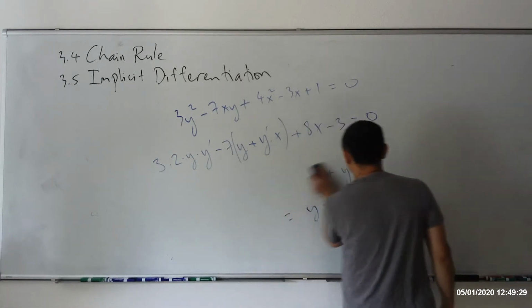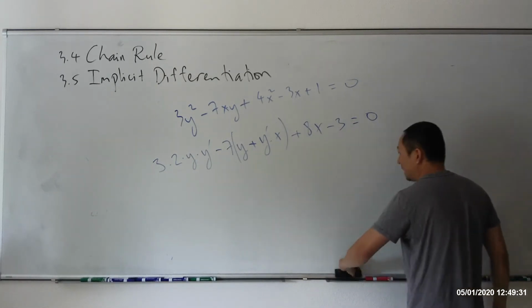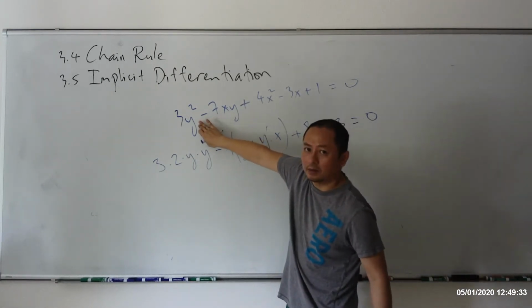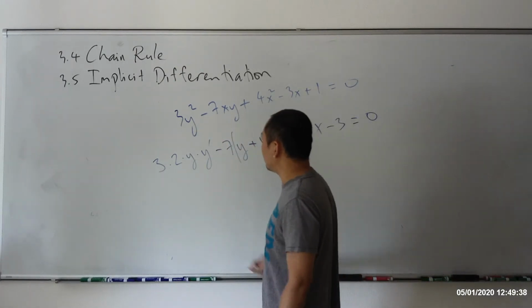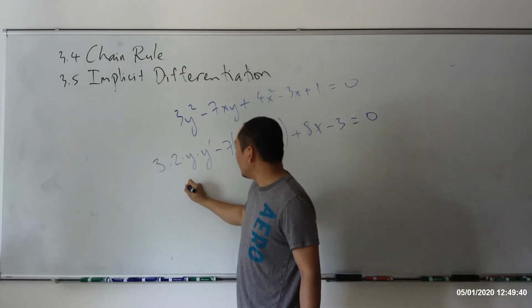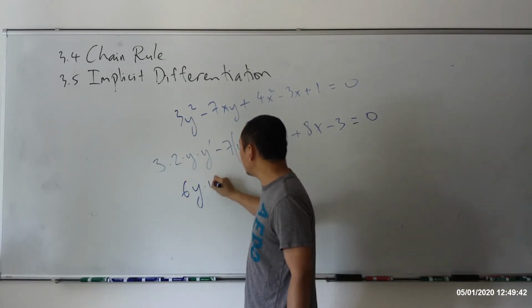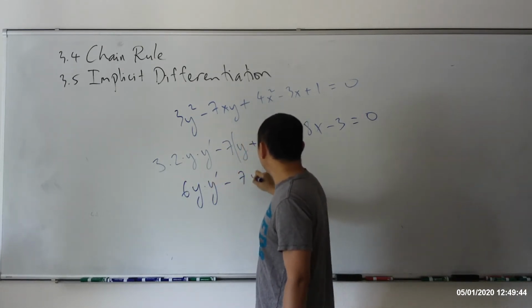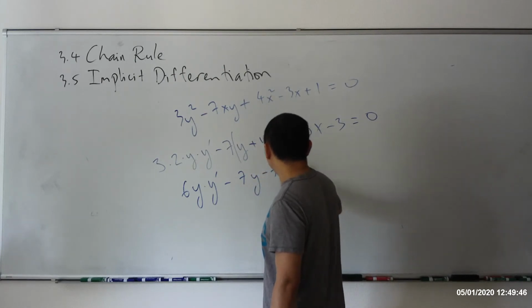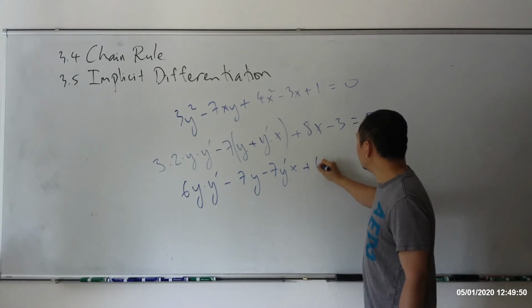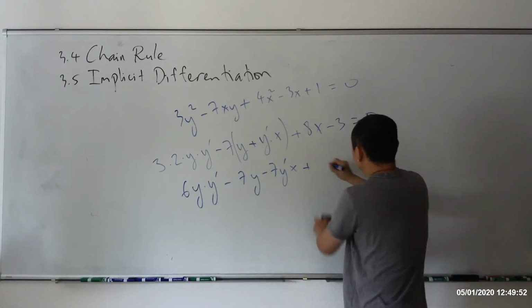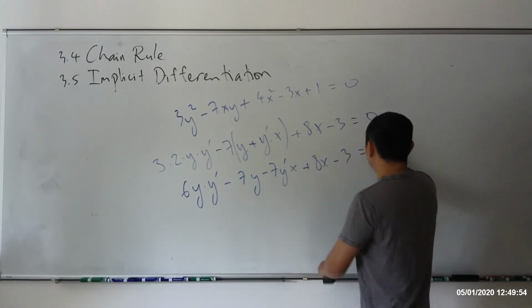So I guess the hardest part is right here. Okay? Let me just finish the problem and I'll talk about that more. 6y times y prime minus 7y minus 7y prime x. You see, I distribute a negative 7 into the two terms, plus 8x minus 3 equal to 0.